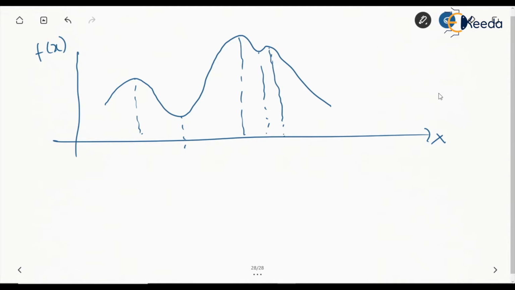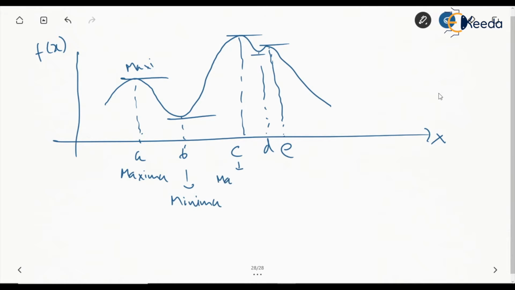These are all extrema A, B, C, D, E, where you can see that the first order derivative will be 0, right? And we can see that this is a maxima, this is a minima, this is a maxima, this is a minima.